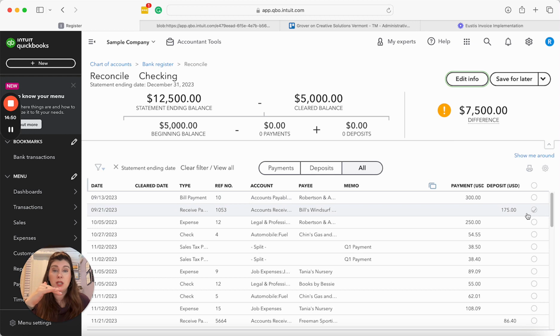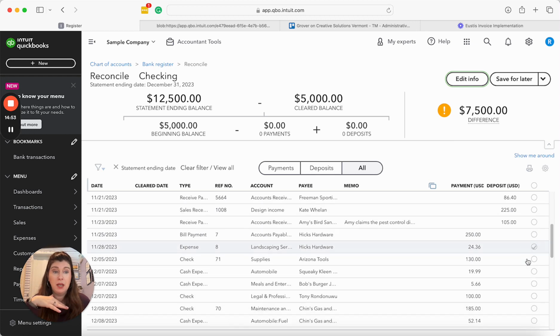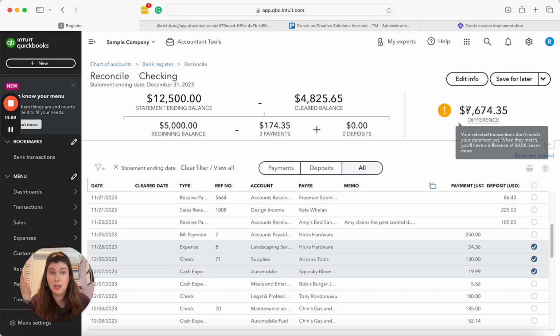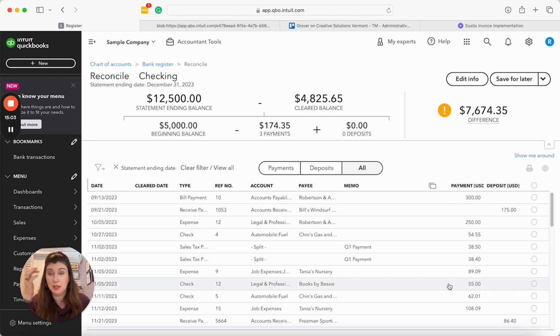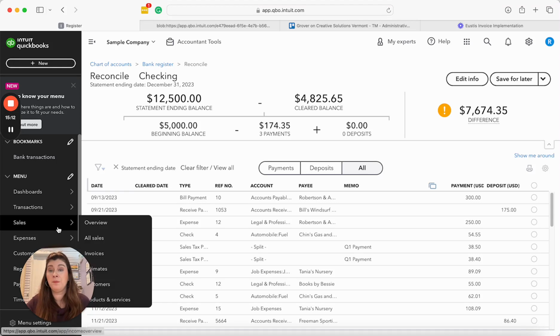You go through each of the transactions on your bank statement and you check them off. And you're like, okay, that's cleared, that's cleared, that's cleared. When it's done, this should be 0. And ideally, you don't have any transactions left over that didn't reconcile. Okay? You're going to do that also for your credit cards and for your notes payable.